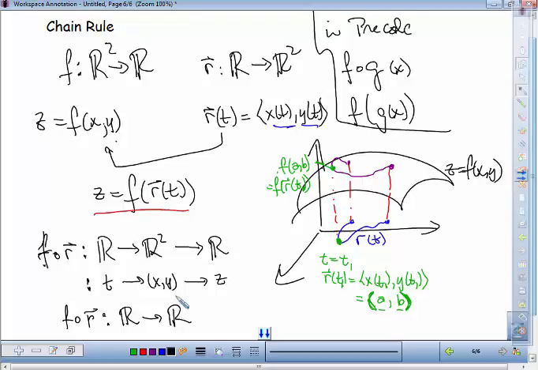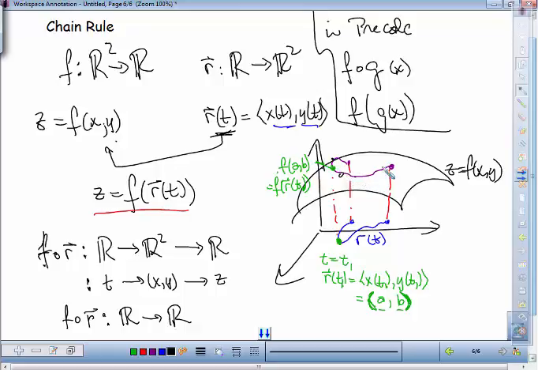Is the setup okay so far? Does the picture make sense? You've got something on the xy plane, and you have a surface, and whatever path you're drawing on the xy plane, you're projecting it up onto the surface.